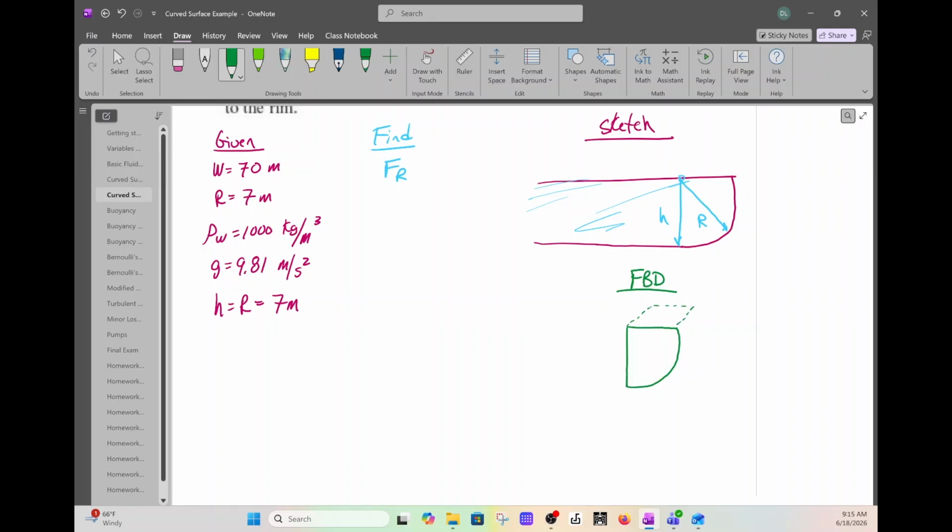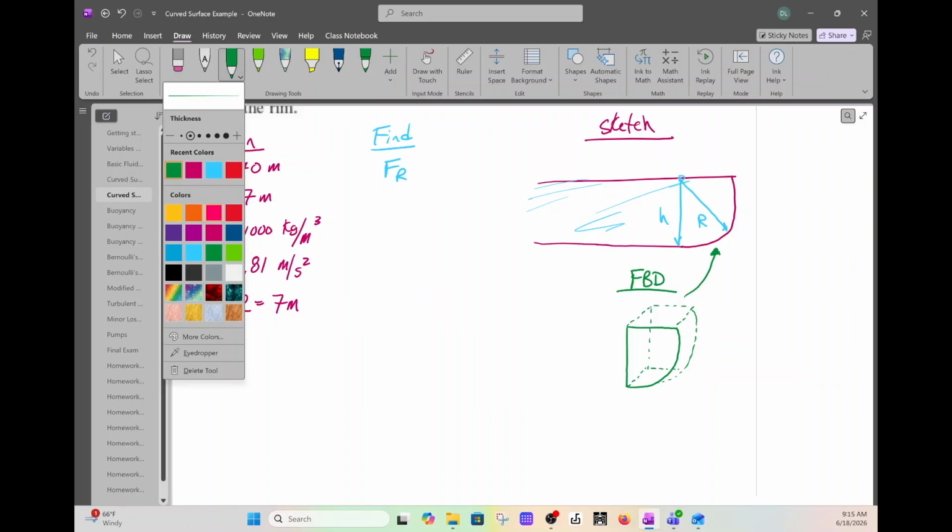That goes over like that, and then like this, and it goes back like that, and that connects. So this is just the curved section that we take out, and it's the free body diagram of the water.